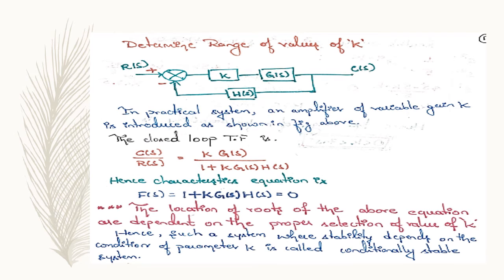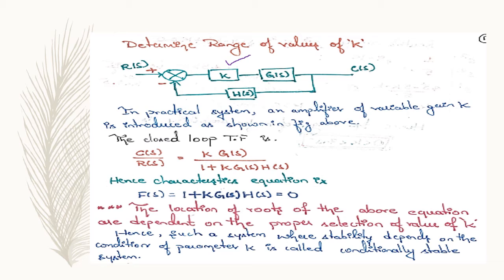The next example is to determine the range of values of k. Now from this what we can understand is, if I add a constant k to the open loop system, I can move the system condition from unstable to the stable condition. So I can write C of s divided by R of s as k into G of s divided by 1 plus k into G of s into H of s.